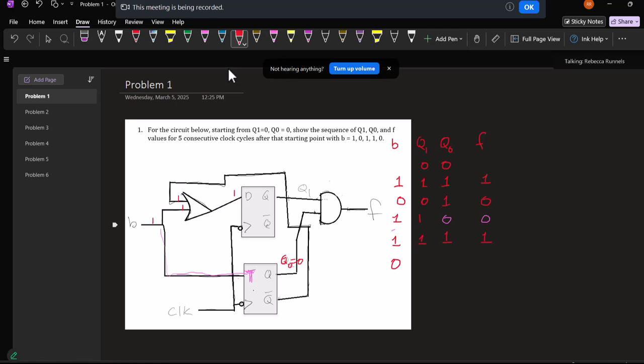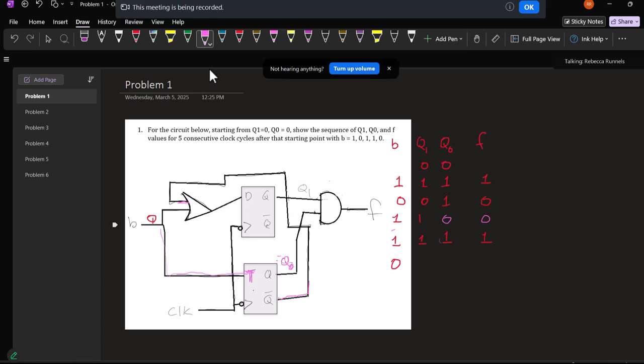And then for our last one, we have B equal to 0. So in this case, it's very important to know what the other input is to the OR gate. The other input to the OR gate is the not of Q0. So for the not of Q0, you look at what Q0 was last time, it was 1.